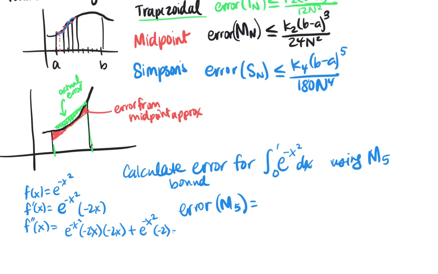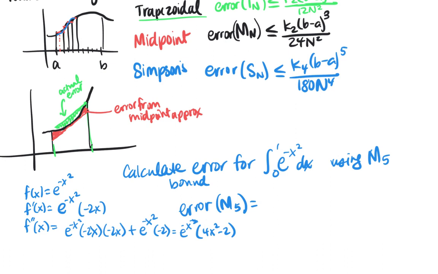So this actually ends up being e to the negative x squared times 4x squared minus 2.